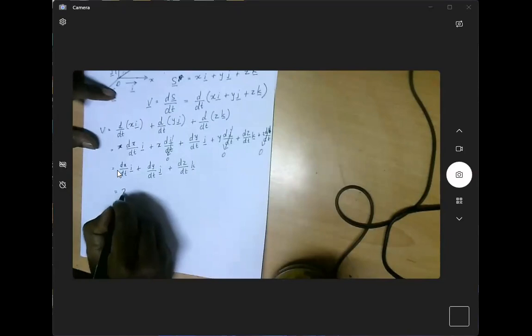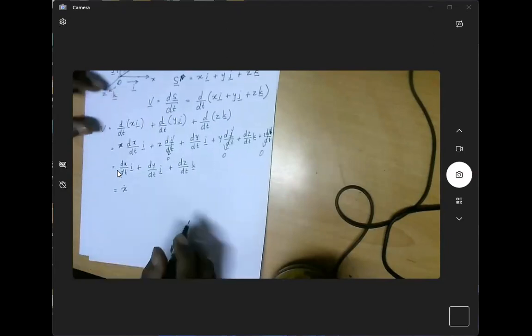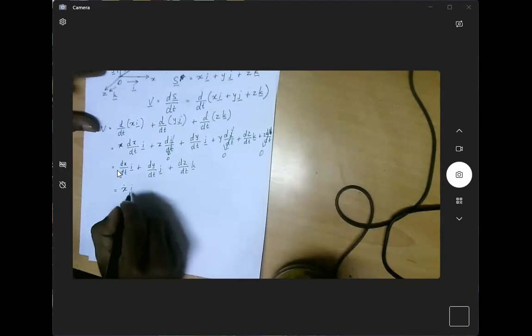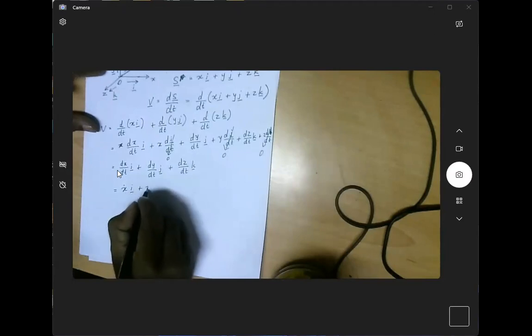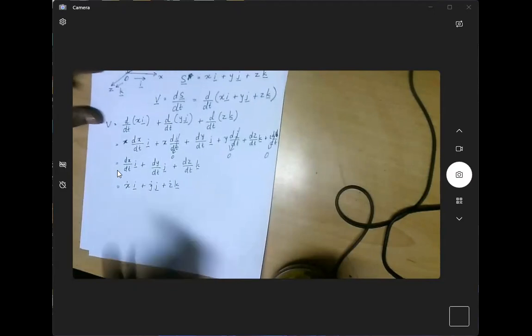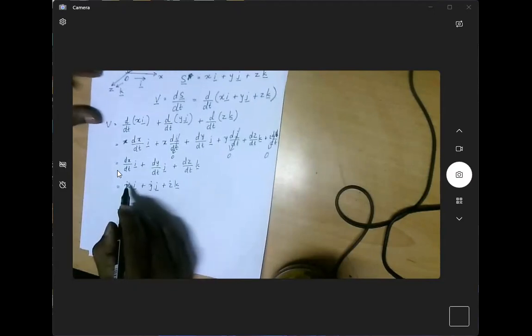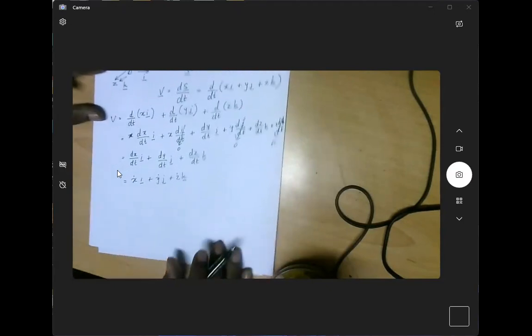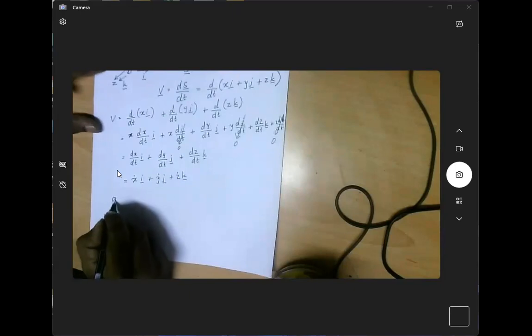Which is denoted as x dot. It is called Newtonian representation. x dot i plus y dot j plus z dot k, right? So this dot represents that you have to take the time derivative of this x. Then can you find the acceleration?